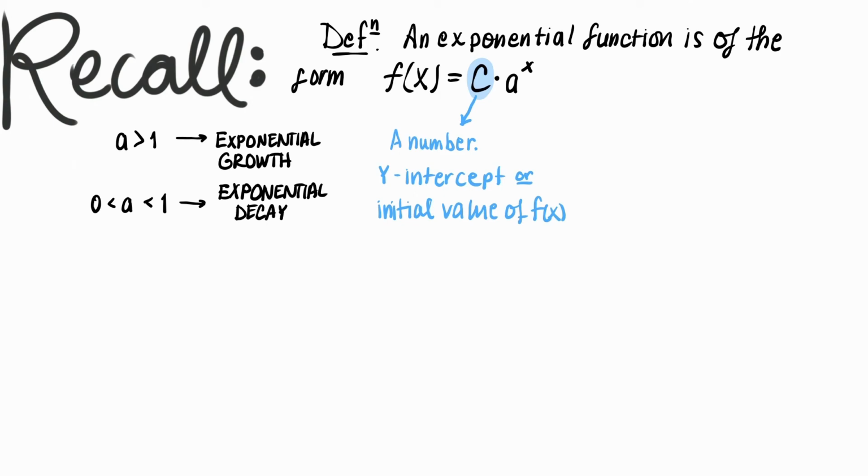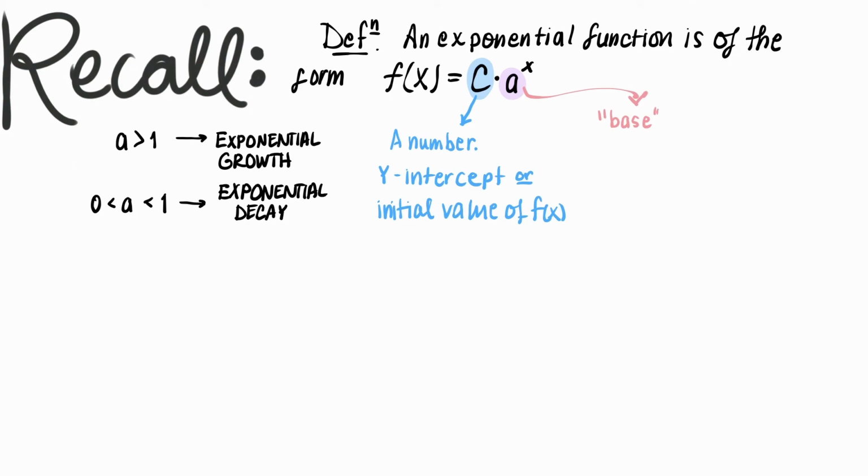Okay, and we also had this number a. So what's going on with a? First of all, since a is being raised to a power, we call that the base. And we'll talk about logarithms later this week, so that'll be a whole bunch of fun.